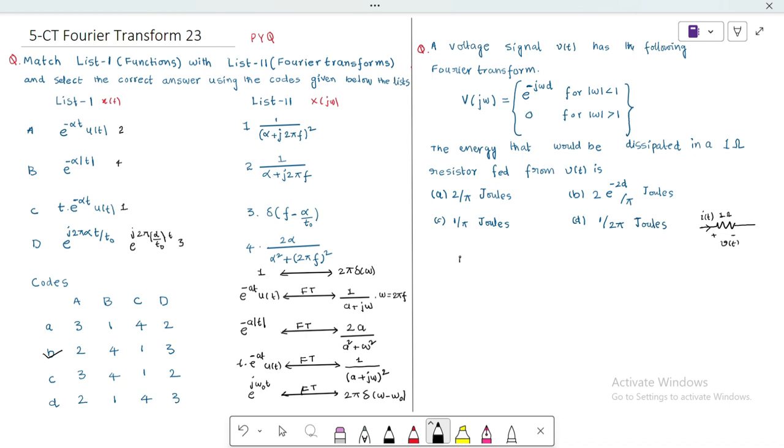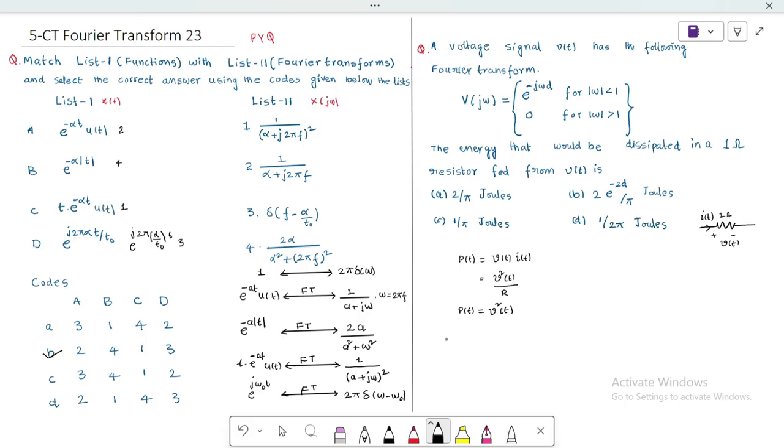The instantaneous power P equal to V of t into I of t. Here only V of t is given, so I'm going to convert the equation in terms of V of t only. Then I of t equal to V by R, so V square of t by R. With R equal to 1, finally the power P of t equal to V square of t.